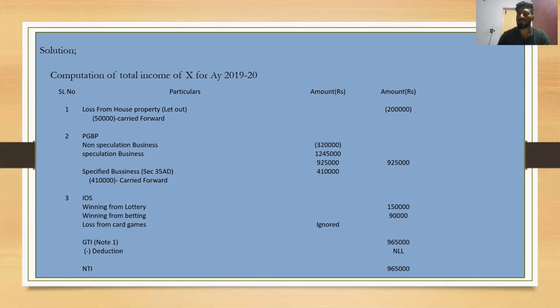So I have only taken 2 lakh rupees. The remaining amount of 50,000 I carry forward for coming years. When you are carrying forward to the next assessment year, you cannot set off that amount against any other head of income. I have already told you in the previous session, you cannot set off carried forward house property losses against other heads of income.